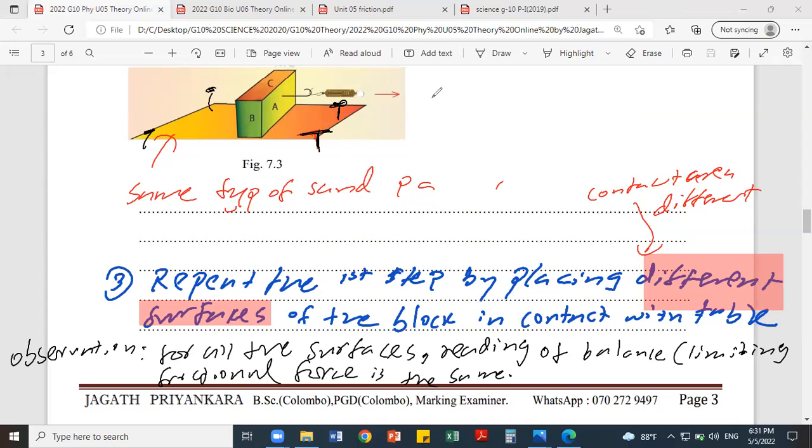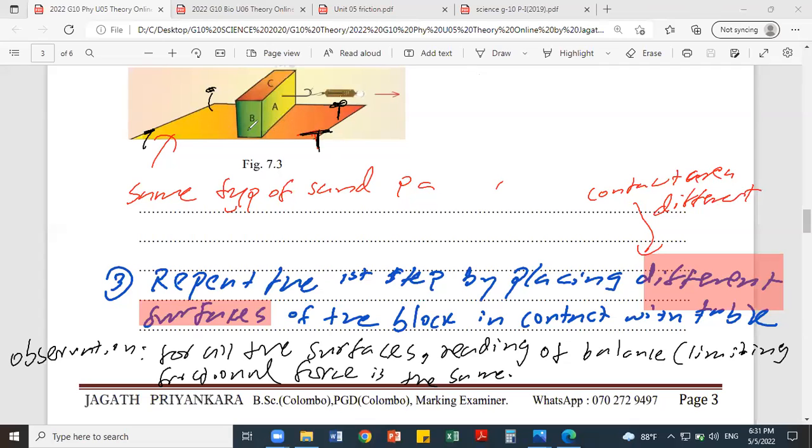Activities are dangerous because they can ask these activities or practical-based questions or experiments in the structured essay compulsory questions. You get nearly 25 to 30% from the practicals. This is also a simple practical, which you are supposed to do in the school lab. You need only sandpaper of the same roughness.